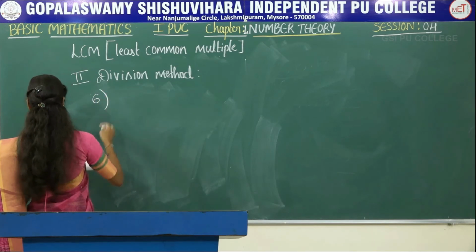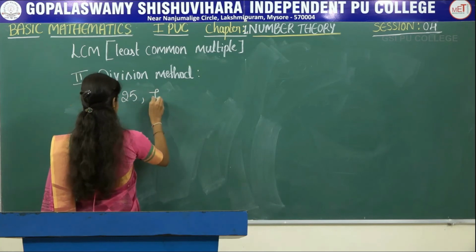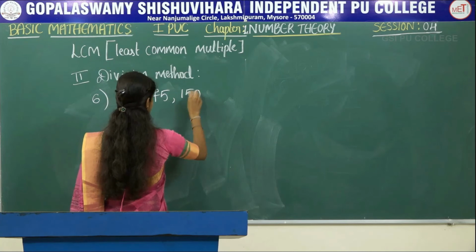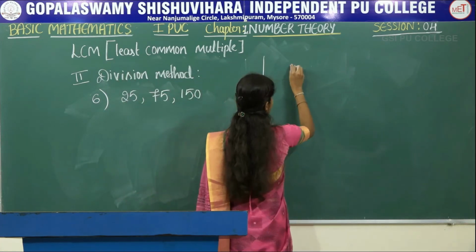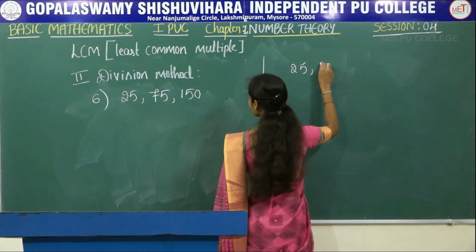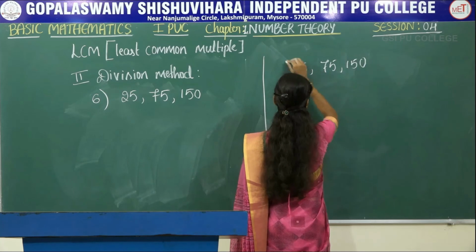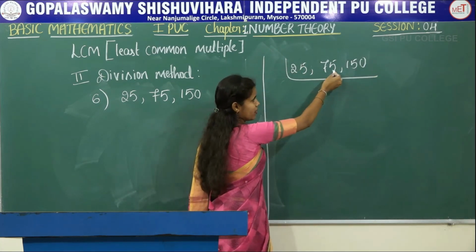Sixth one: 25, 75, 150. Observe here 25, 75, 150.